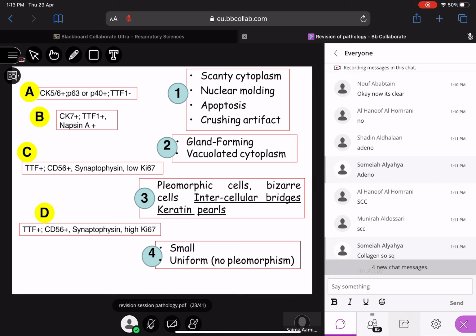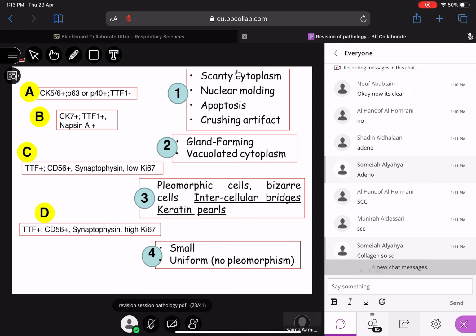Okay, I have got a slide for matching. You have immuno A, B, C, D on the left side, and on the right side you have features. So you have to match each tumor with the immuno. Let's take it one by one.